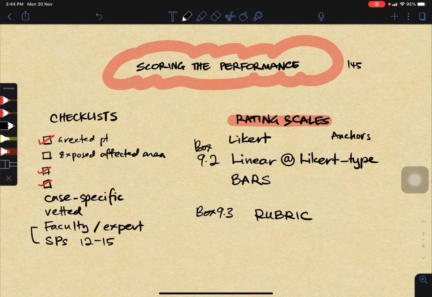But actually I think the approach taken in this book is better, that you use both, but you use checklists more for the junior, for the beginning level, where you want to make sure they do certain things or not do certain things. But as you go to a more advanced situation, or when you want the expertise there, you go for a rating scale. So you use both. It's not either or.